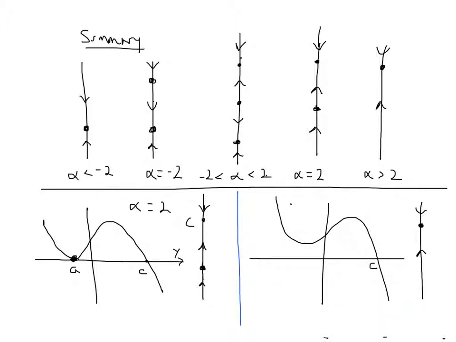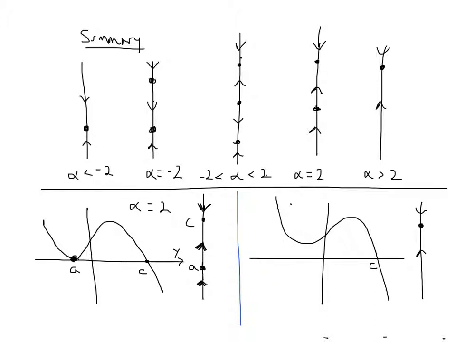And that is a node. But to the right, there is a sink, which will remain a sink, no matter how much we translate this graph vertically. And so I've drawn it here. Here is A. A is a node now. It's positive before you get to A, positive after A. But C is a sink. The solution is moving towards C on both sides of it.